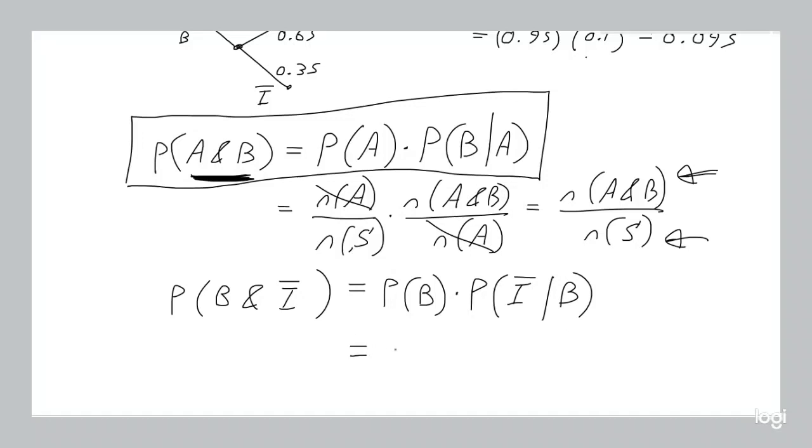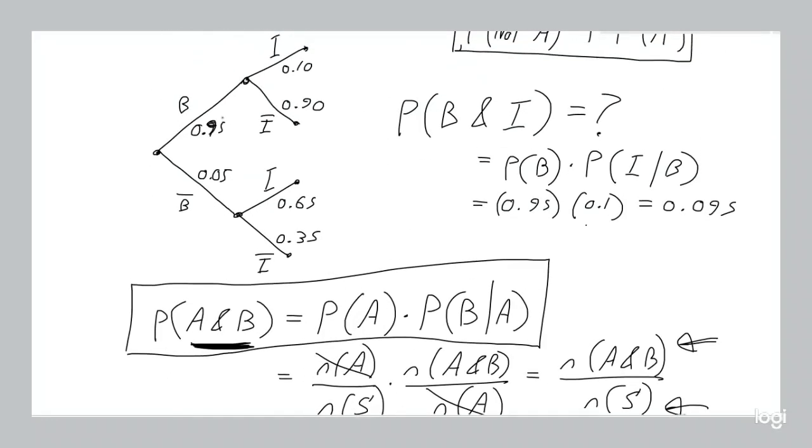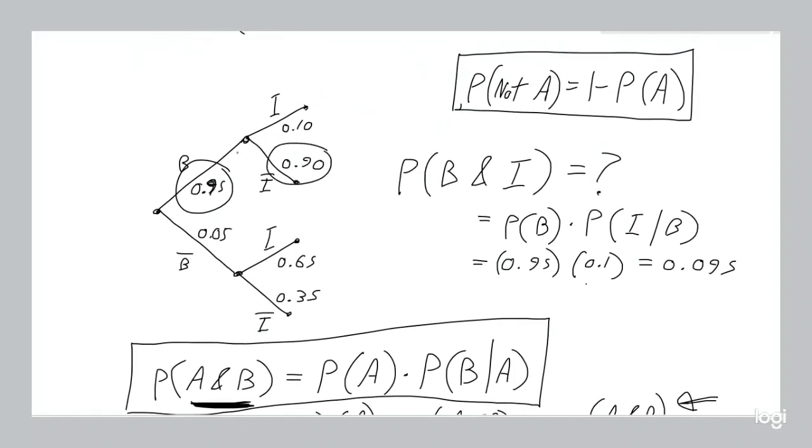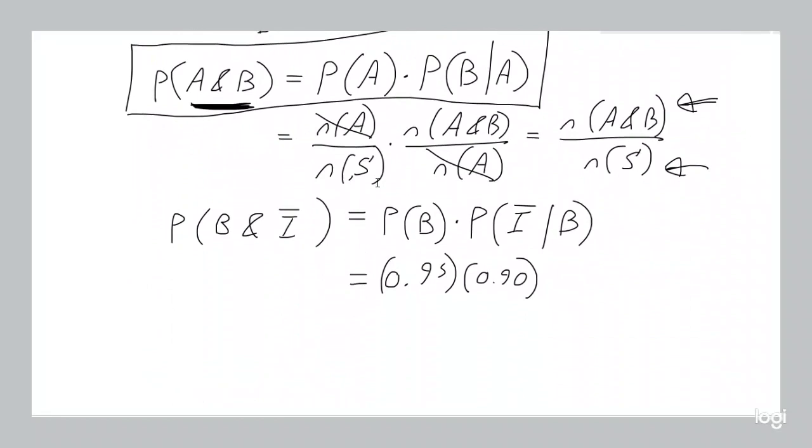So that's going to be, again, 0.95, the probability of wearing a seatbelt, times 0.9, the probability of not getting injured given that you're wearing a seatbelt. So again, we're just multiplying by the values corresponding to each branch as we go from the start of the tree to the node that we're interested in. So 0.95 times 0.9, and that gives us 0.855.